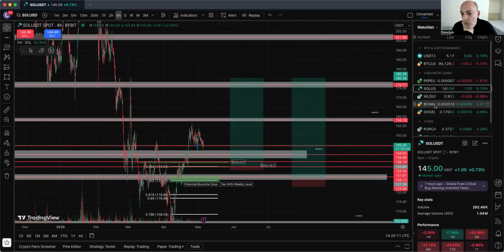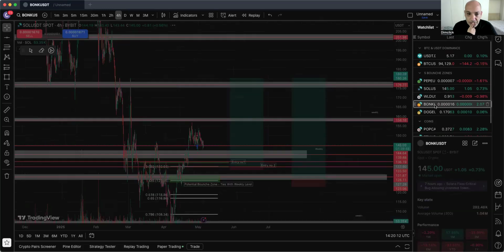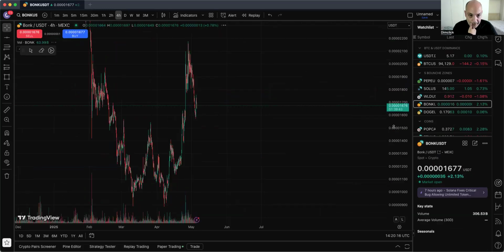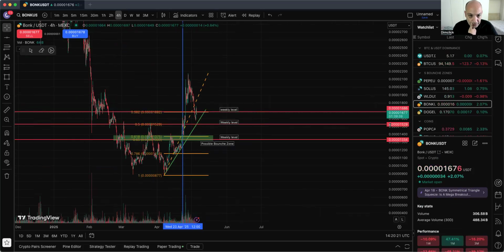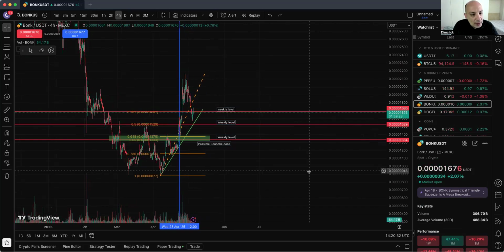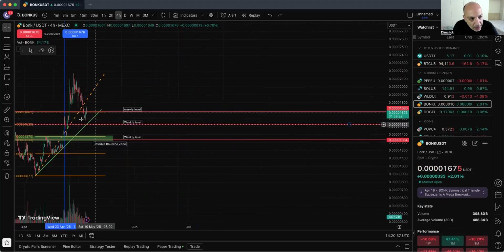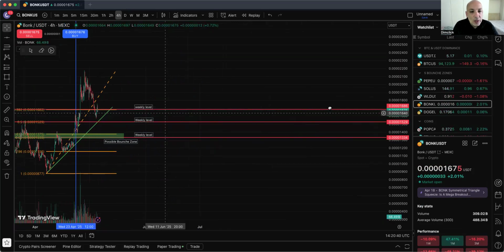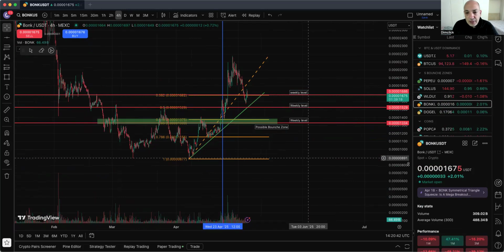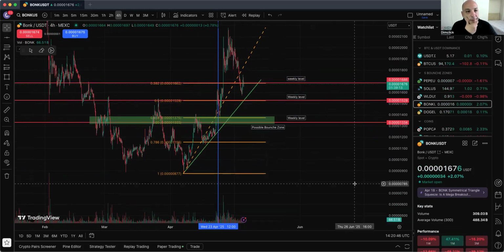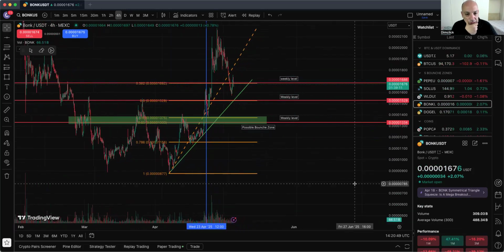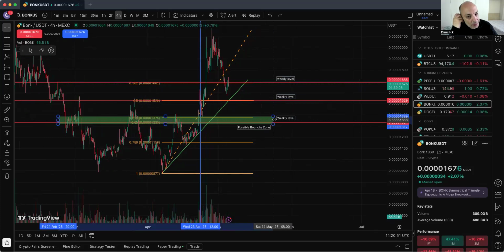Let's see Bonk. You see in this, I have marked some weekly levels. I always do it to see how important it is. And you see, we already have a small bounce from this, but I think it will come lower. And for me, the best bounce zone for Bonk will be in this green box.